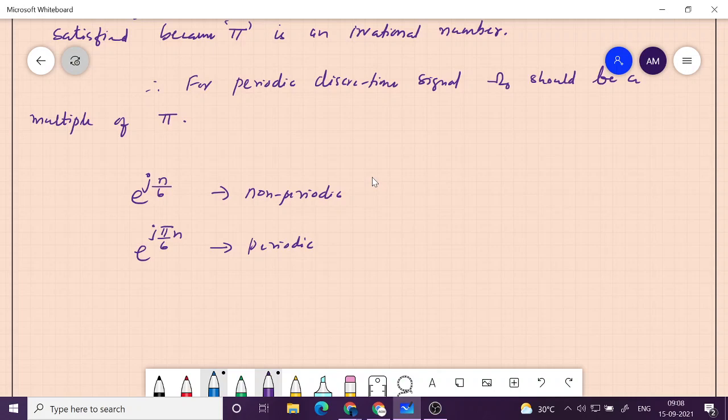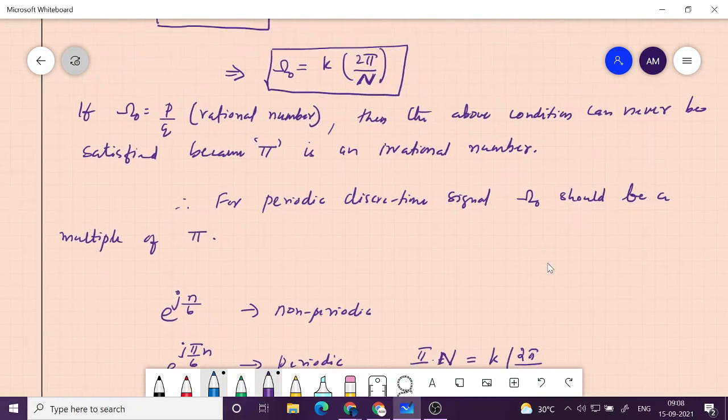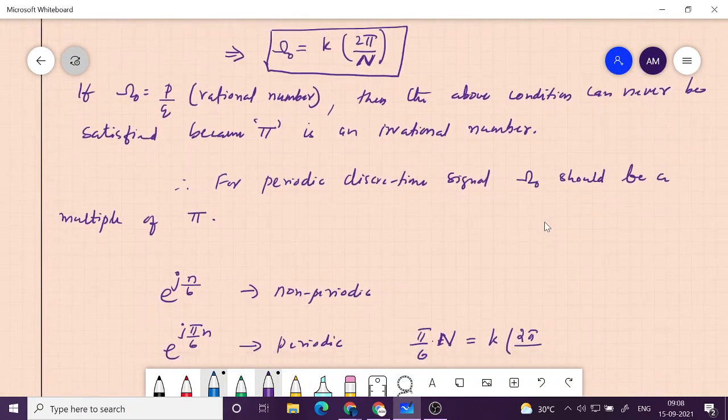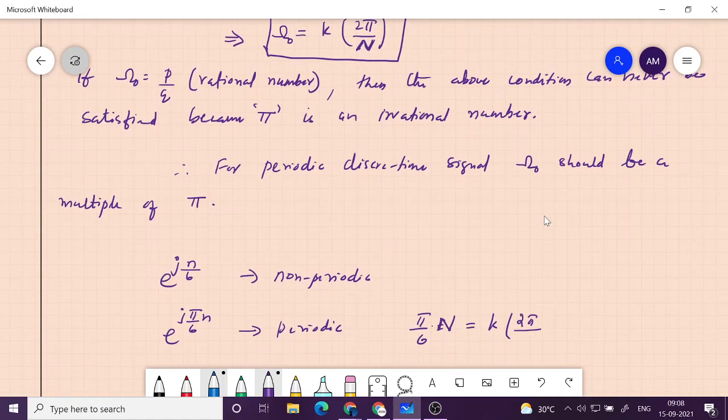Because I have pi by 6, which is omega 0, into n. The condition is 2 pi by N is equal to omega 0, so omega 0 is k into 2 pi.